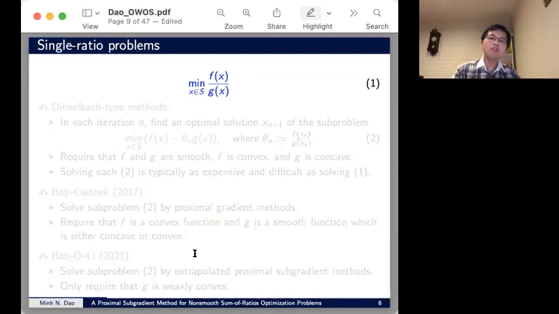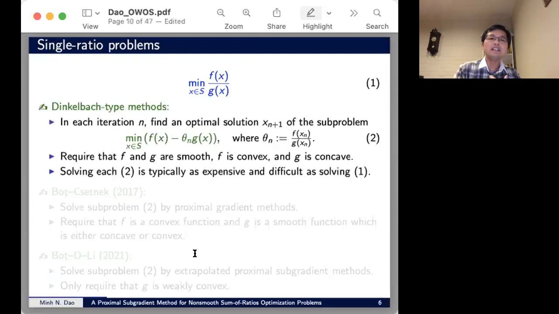Now, before going further, we should note that of course a special case of the sum of ratio problem is the single ratio, right? And a classical approach for solving single ratio problems is the Dinkelbach method and its variants.